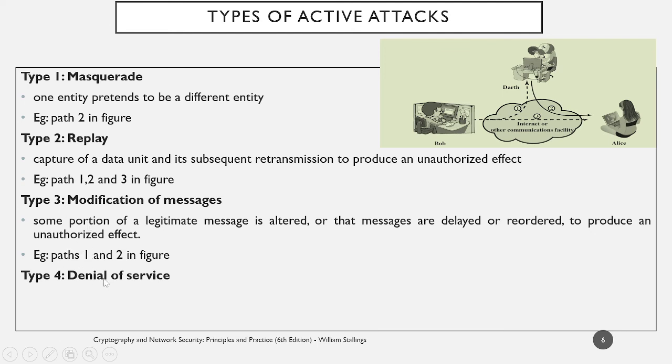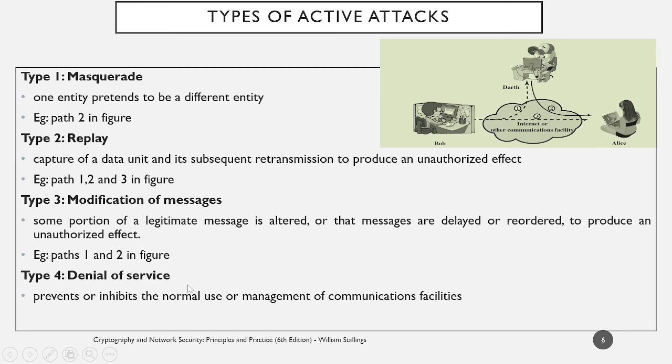The fourth type is denial of service. It prevents or inhibits the normal use or management of communications facilities. When Bob is trying to send the message to Alice through the internet or other communication facility, the attacker may damage the system resources, like the internet or other communication facilities, so that the information sent by Bob could not reach Alice.